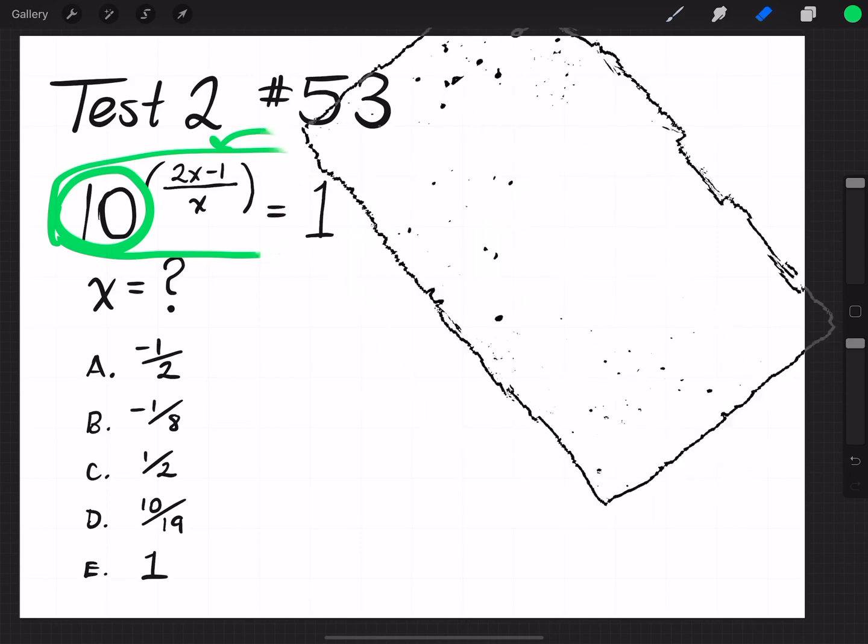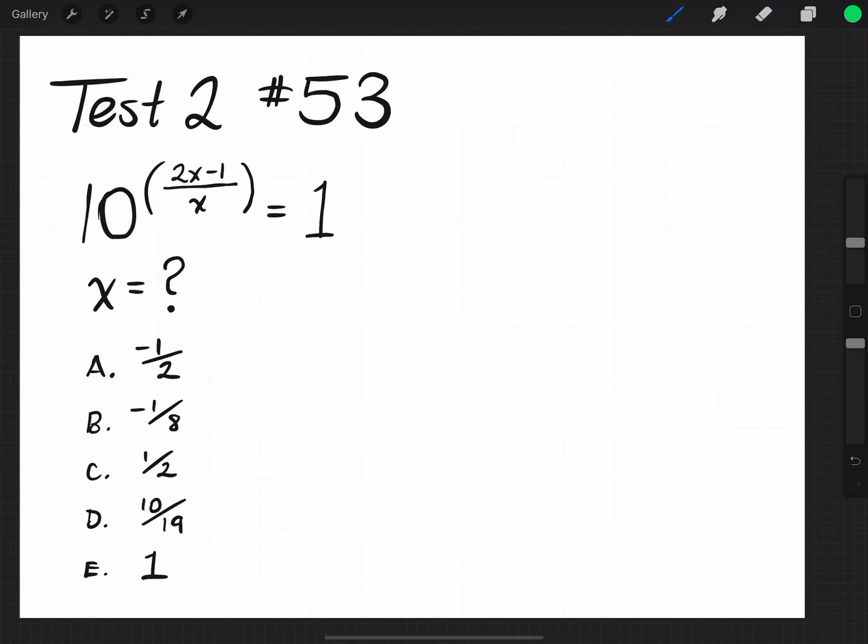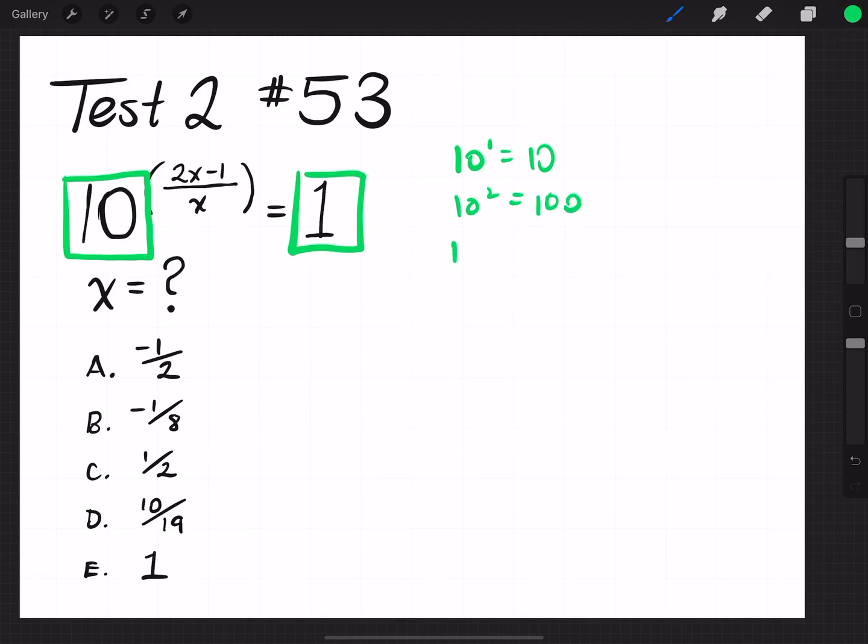Now there's a much easier way of doing this though, and I only realized this after I'd done all this log work. And that is to recognize that you don't need to do anything with logs at all. This is literally not even a log problem. Think about it this way: 10 to what power equals 1? Well, 10 to the power of 1 equals 10, 10 to the power of 2 equals 100, 10 to the power of 100 equals a googol.